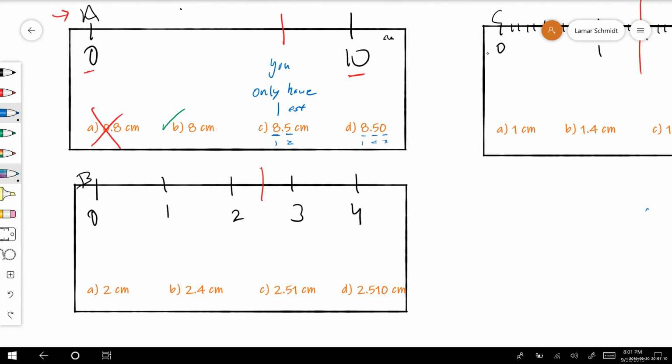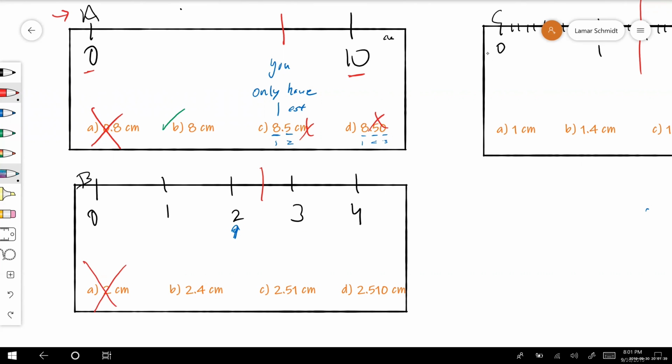So if you look at choice A, this 2 now, even though it's one digit, just like it was in choice B over here, it's not an estimation because you know it's at 2. So the problem here is it did not give an estimation. And because it did not give an estimation, that is not correct.